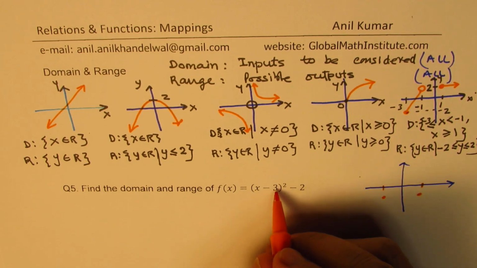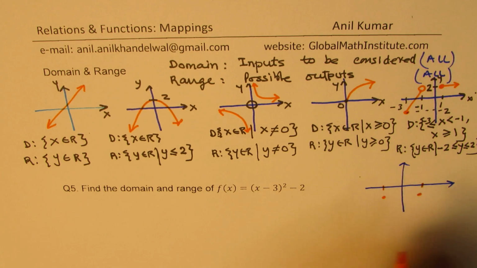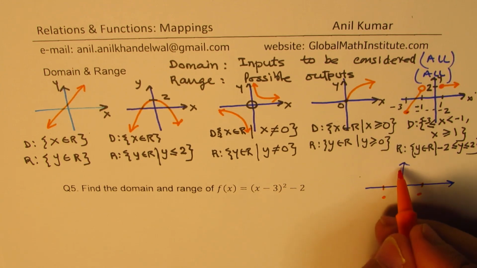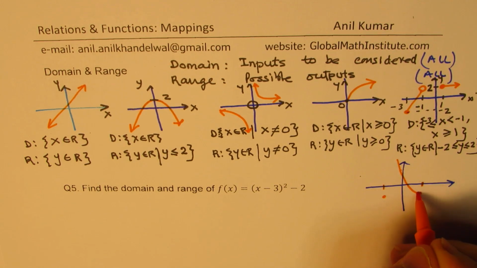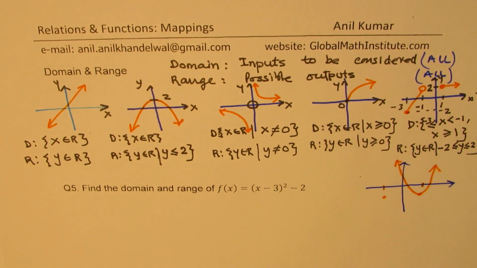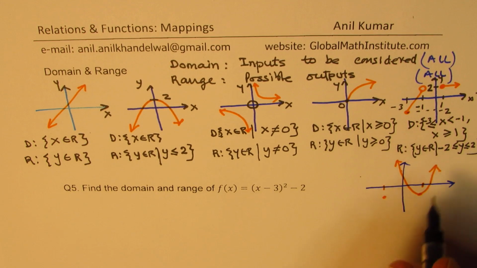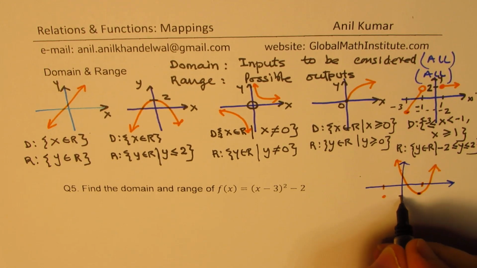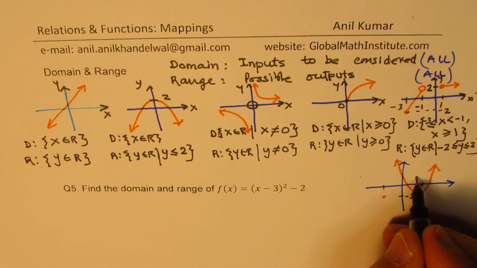Now, if I write 0 here, in that case, we get 9, 3 squared, minus 2 is 7, right? Somewhere there. So we have a parabola which is kind of like this, where the minimum point given to us is minus 2, which occurs at 3, of course.